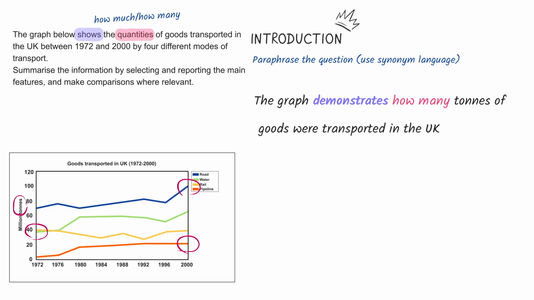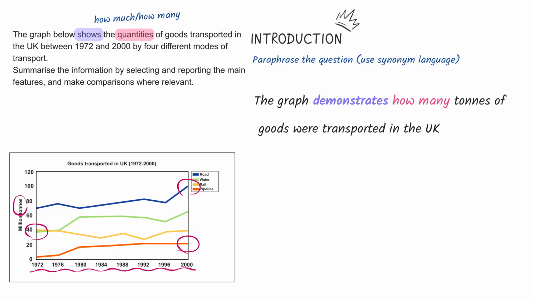Now, here we move the dates, as you can see in the question, the dates between 1972 and 2000, all right? We're going to move this to the end of the paragraph and move different modes of transport before that, right?